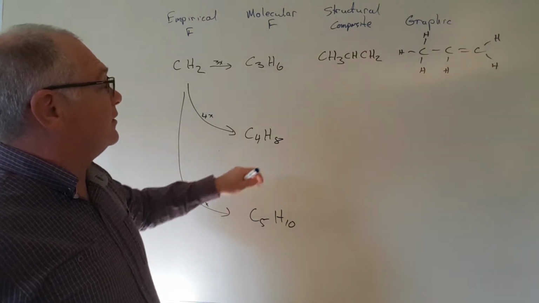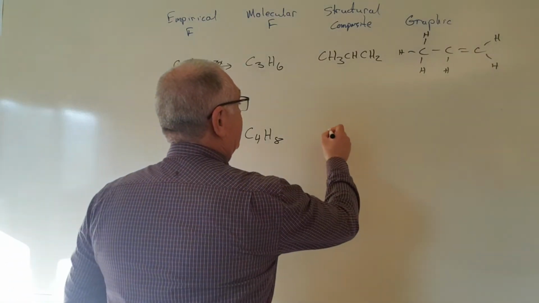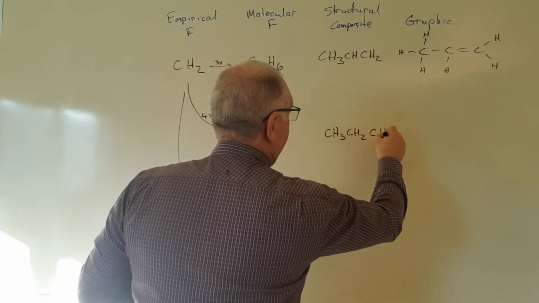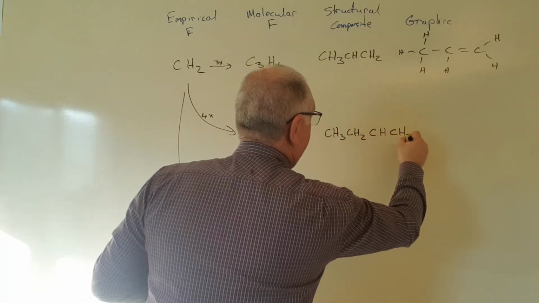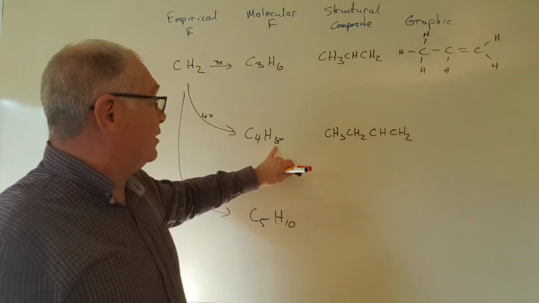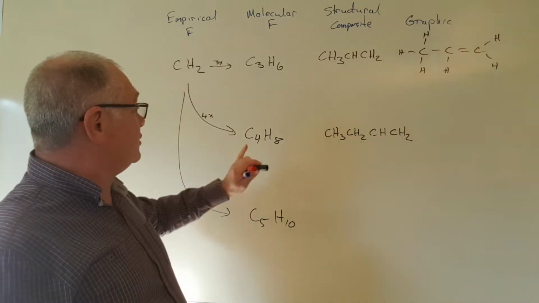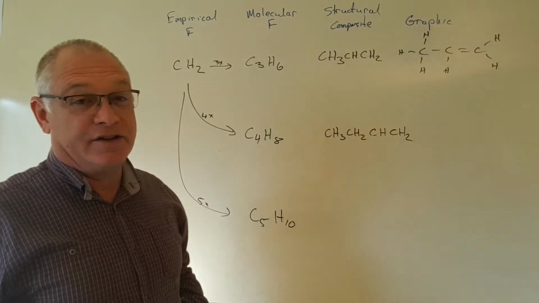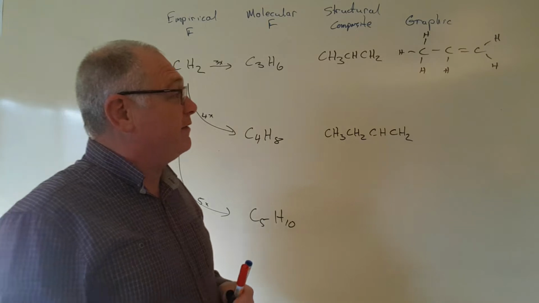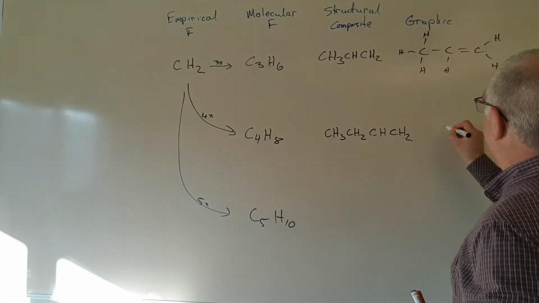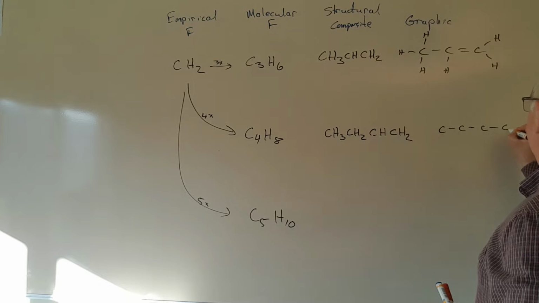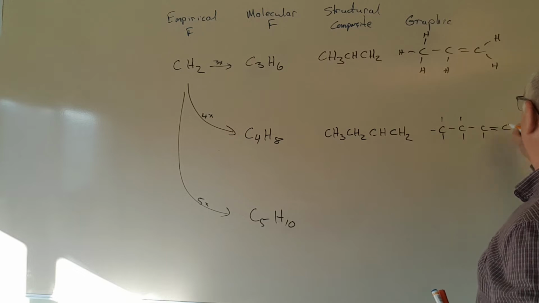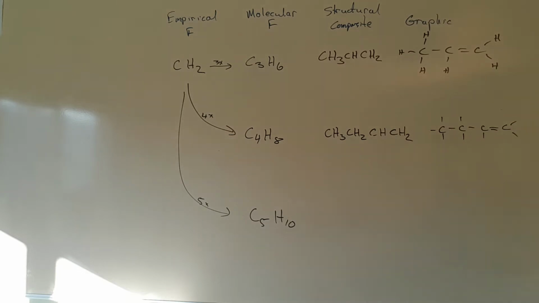This one here could have a structural formula of CH3, CH2, CH and CH2. Notice we've got 1, 2, 3, 4 hydrogens, and we've got 8 hydrogens in total. So this could have a graphical formula like this, where, and I won't draw all the hydrogens in, a structure like that.